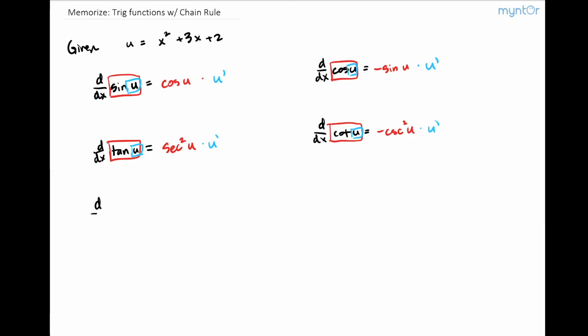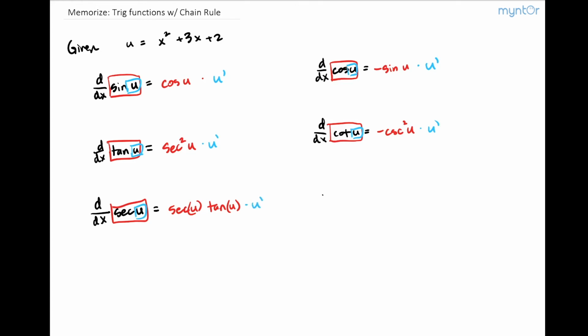And last two, taking the derivative of secant u is going to be equal to the derivative of our outermost function, so secant u times tangent of u, I'll go ahead and put some parentheses so we're just being clear, times the derivative of the innermost function, so times u prime.